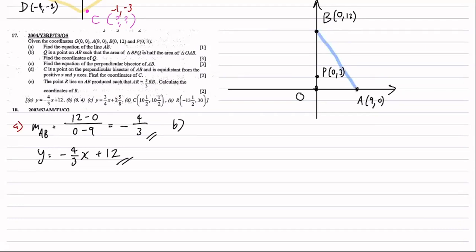Since BP is directly vertically down, I think there's only one possibility for the point Q. It has to be somewhere over here. Does it make sense? Half. Actually, is it true? I'm also not sure. But we can figure that out.